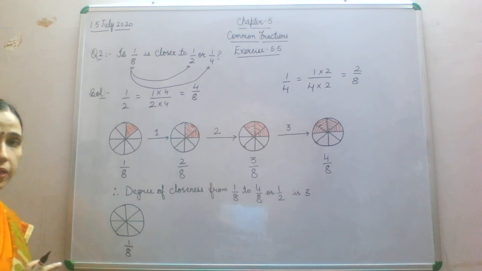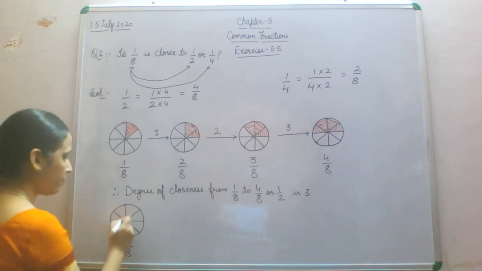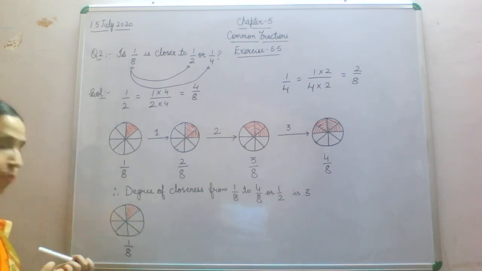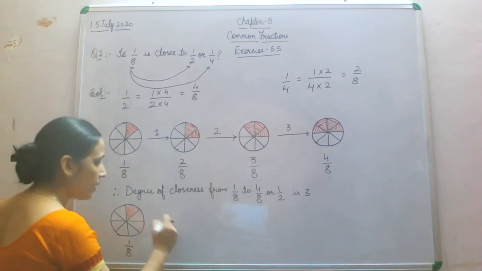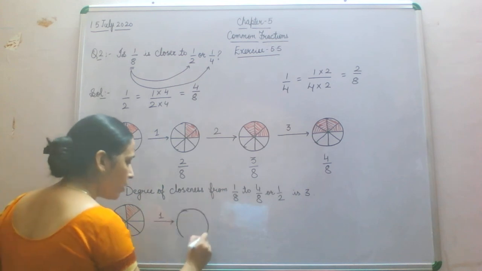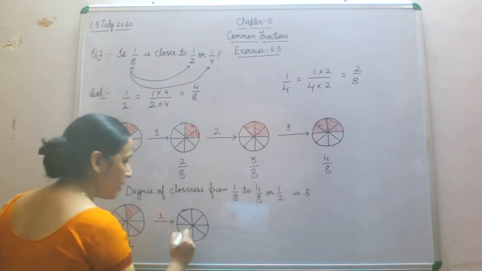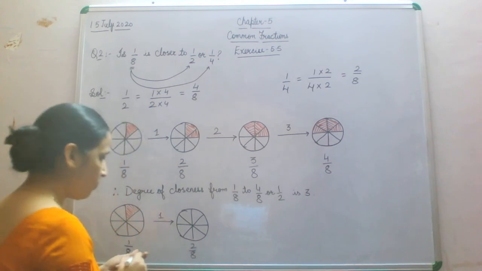In this 1/8, how many times will you add 1/8 again? One time you will add 1/8, so it will become, yes, correct, 2/8. It means this will become the 2/8 fraction.